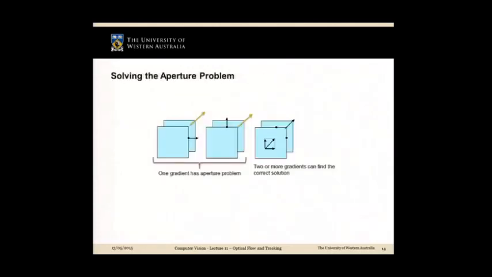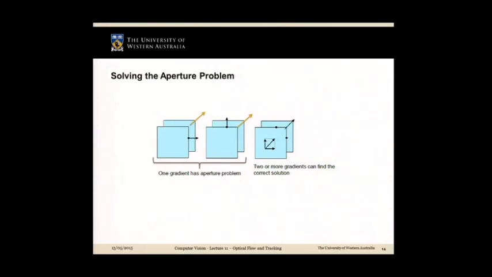Now, if you look at this image on the left, you have a pixel, and let's say this frame is moving in the direction of this yellow arrow. What your visual system will perceive is that this pixel is moving to the right.